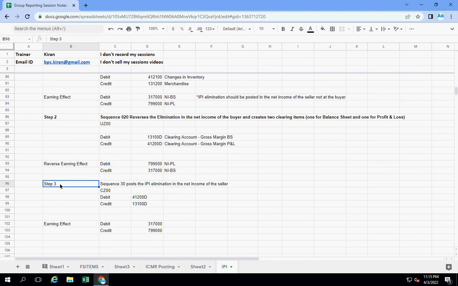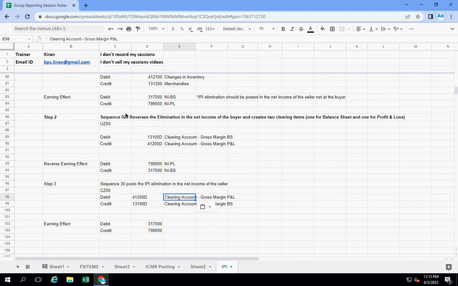To adjust the net income of my seller unit. Who is my seller unit? Canada. So whatever amount, that 2000, the net income adjustment of 2000 will be posted to the clearing account P&L balance sheet and also clearing account P&L.